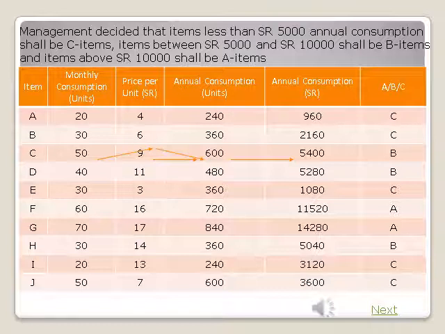Since, based on the definition, anything between 5,000 and 10,000 shall be B items, item C is classified as a B. Please follow the computation of the other items and convince yourself that these are correct classifications.